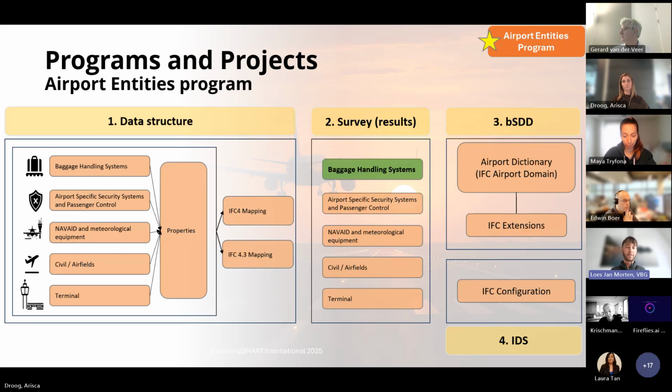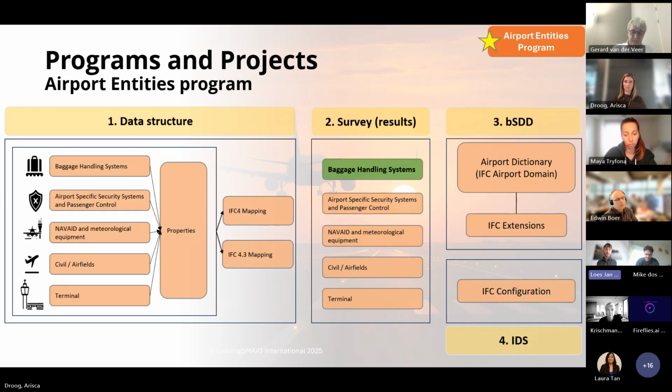So we started with the baggage handling systems, and we came so far that we said the naming of the classes and types we can agree on, but we don't have the properties yet. And the properties need to be defined according to a specific purpose, according to a specific need. What we then did is to put this into the bSDD, the buildingSMART Data Dictionary. It has existed for quite some time now and can be addressed via APIs.